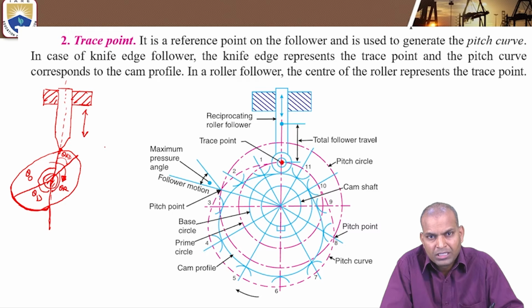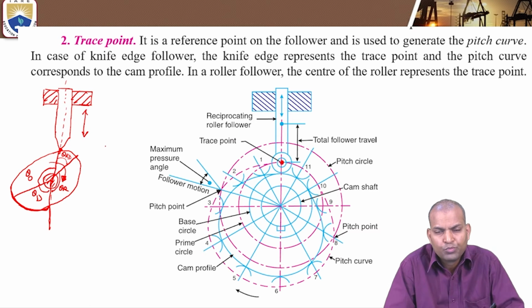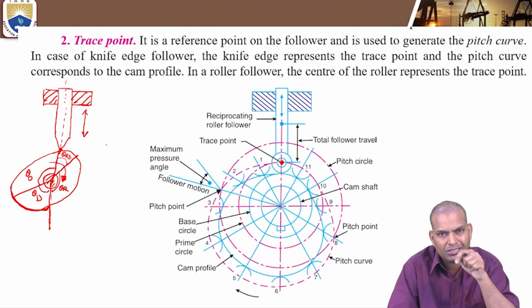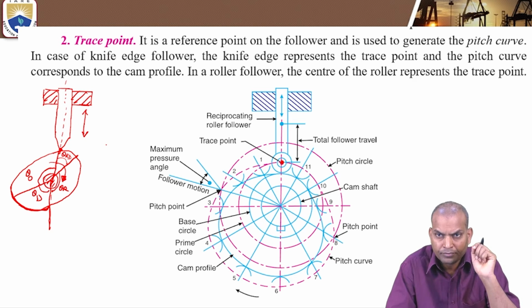Through the tracing points on the pitch curve, we draw circles, the roller circles. Through these roller circles, we draw rollers. By touching the surfaces of all the rollers, the curve passing through them is known as the cam profile.